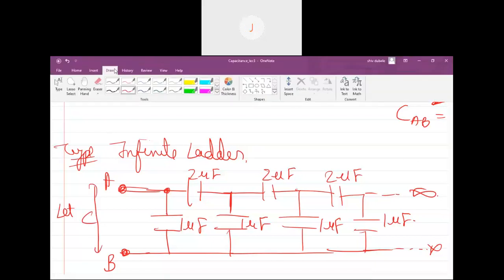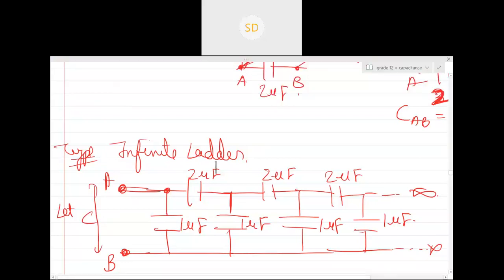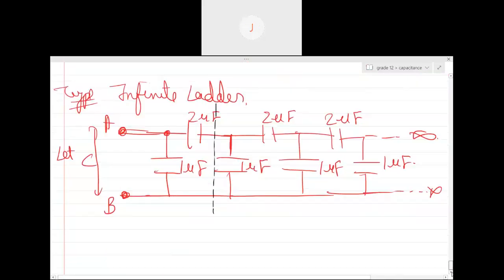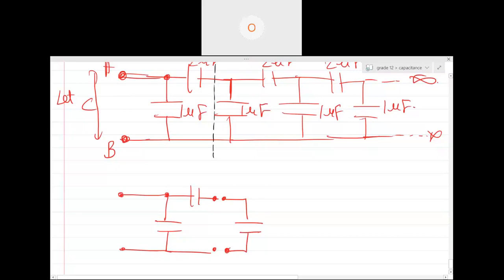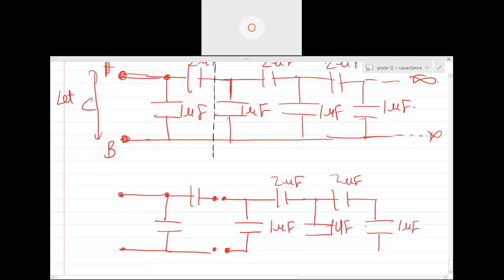Now see this circuit very carefully. If I cut this circuit from here, will it look like this?